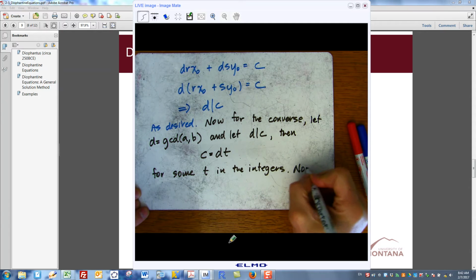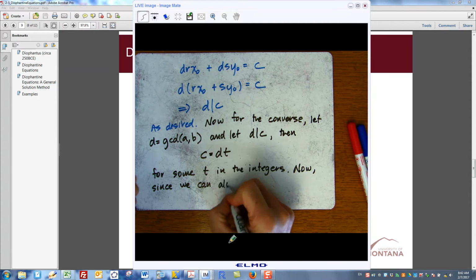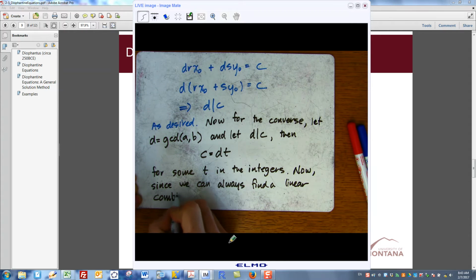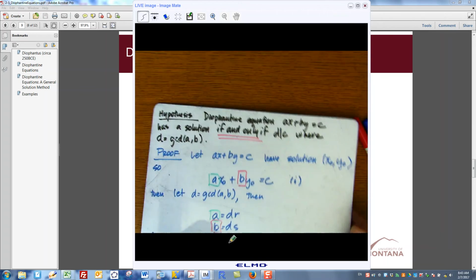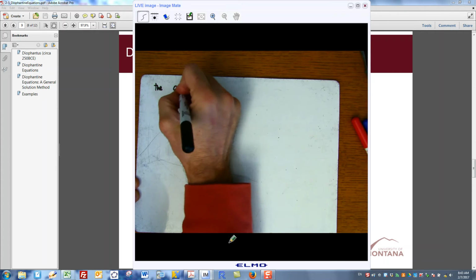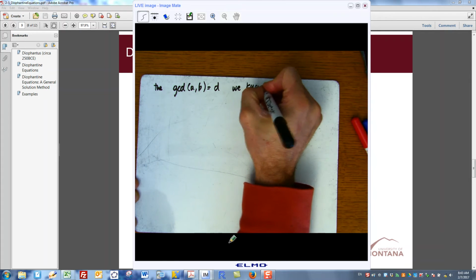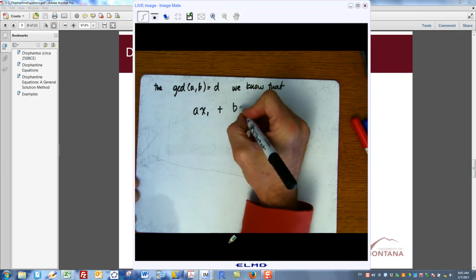Okay, well, now, since we can always find a linear combination of a and b equal to the GCD of a and b, we know that a times some x1 plus b times some y1 has to be equal to d.